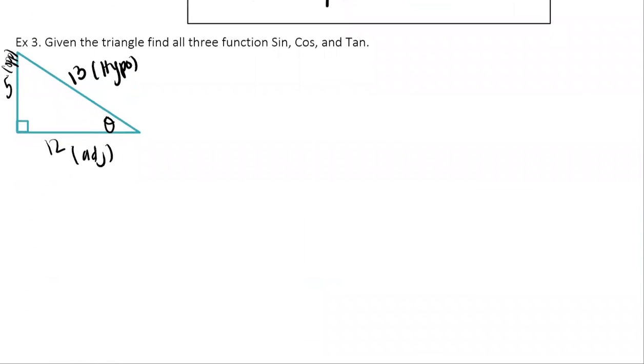All right, so the third one. Sine again is opposite over hypotenuse, then cosine is adjacent over hypotenuse, and then tangent is opposite over adjacent. So sine of theta is going to be equal to 12 over 13.